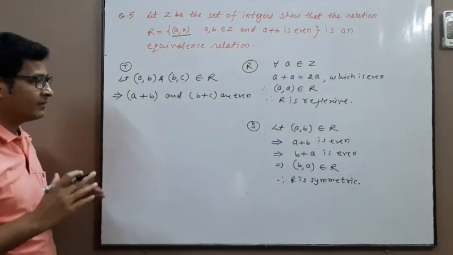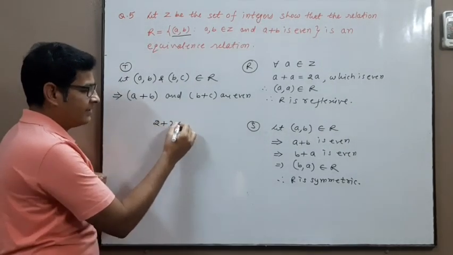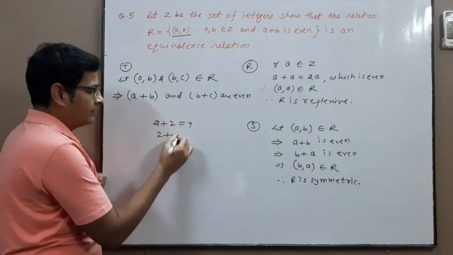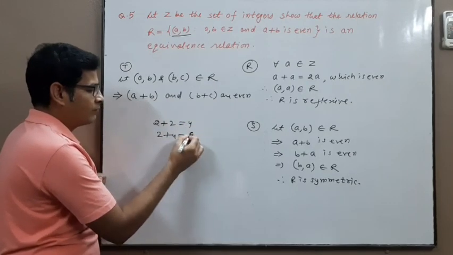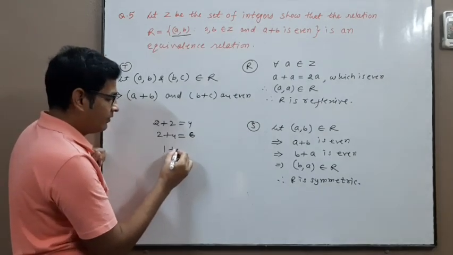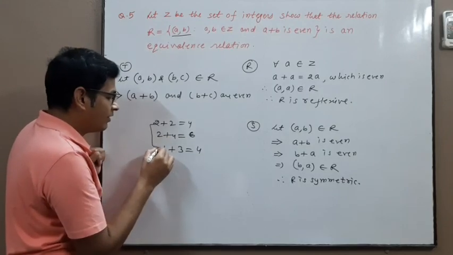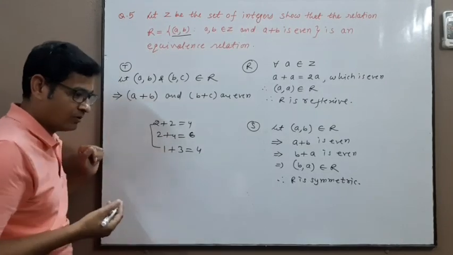Everyone knows the sum of two even numbers is even, for example 2 + 4 = 6, which is even. The sum of two odd numbers is even, 1 + 3 = 4, which is even. But the sum of an even and an odd number is odd.